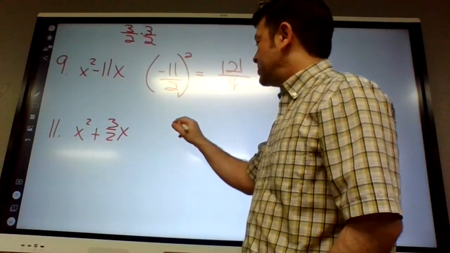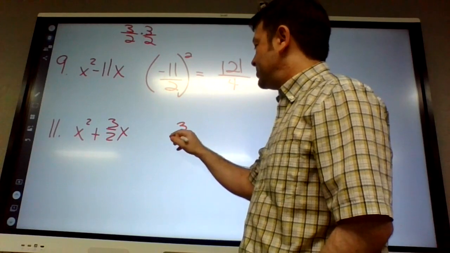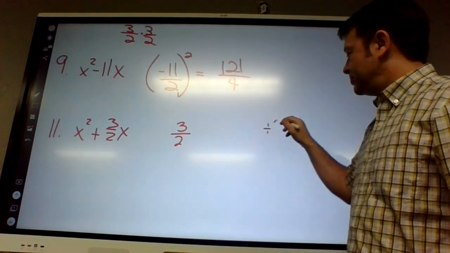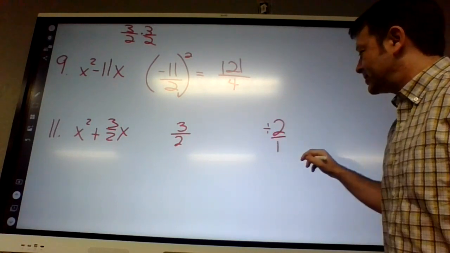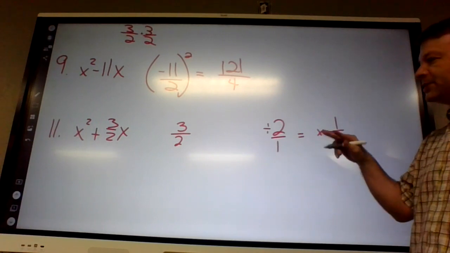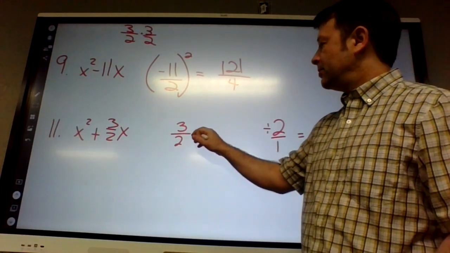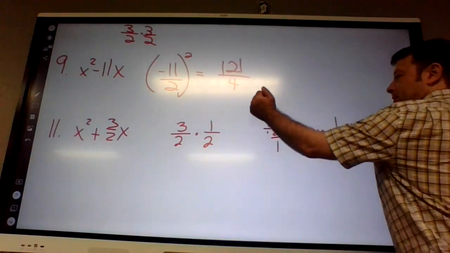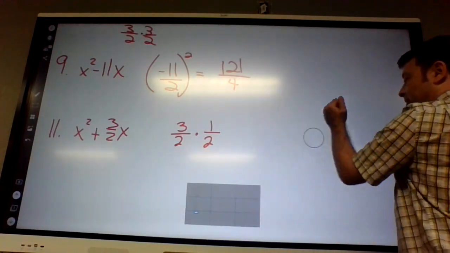Okay, so 3/2 divided by 2. Do you guys know that dividing by 2 is the same thing as multiplying by 1/2? When you divide a fraction, it's like flipping them. So, what's 3/2 times 1/2 gonna be?